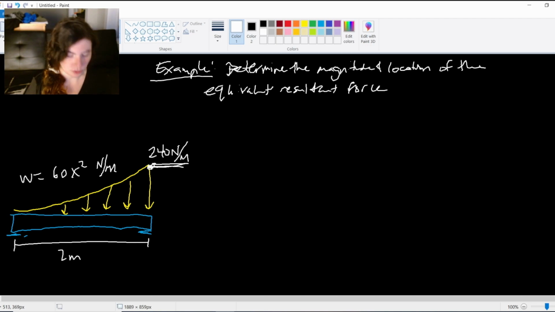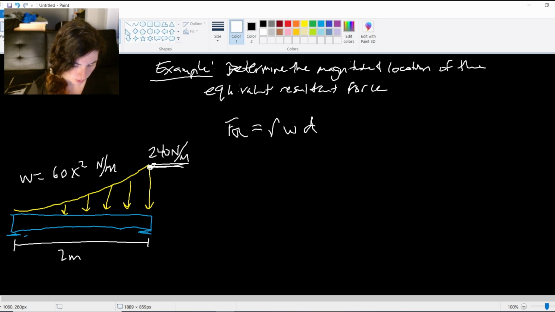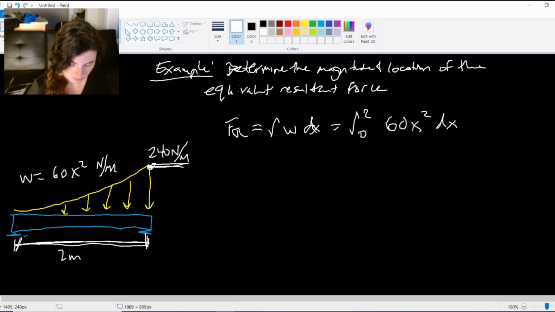To find our magnitude, FR is the integral of the w equation, w dx. I take my integral along the length, from 0 to 2, of 60x squared dx.